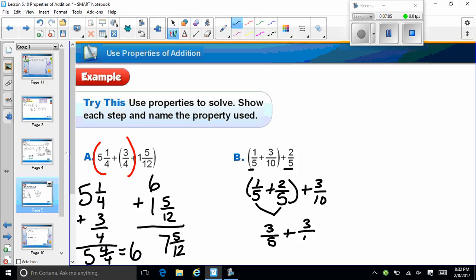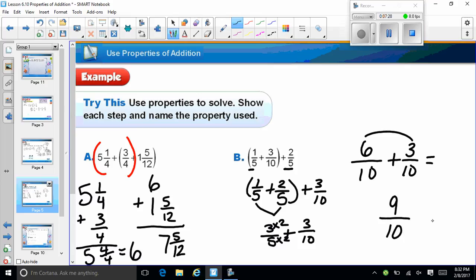I know I can change this 5 into a 10 by multiplying it by 2. So 6/10 plus 3/10 equals 9/10, since 6 plus 3 equals 9 and my denominator stays the same. I'm unable to simplify, so my final answer would be 9/10. If you have this work, excellent. If not, go ahead now and change your work to reflect what you see on the screen.